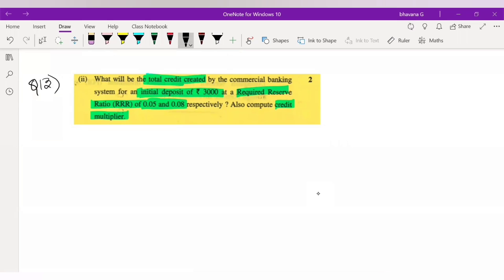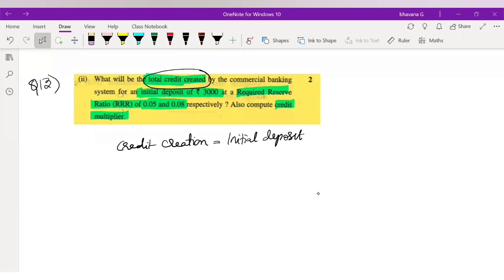So first, what they have asked you here is what will be the total credit created. That means they have asked you what is your credit creation. So what is the formula for credit creation? The formula for credit creation is initial deposit into 1 by RRR, that is required reserve ratio.